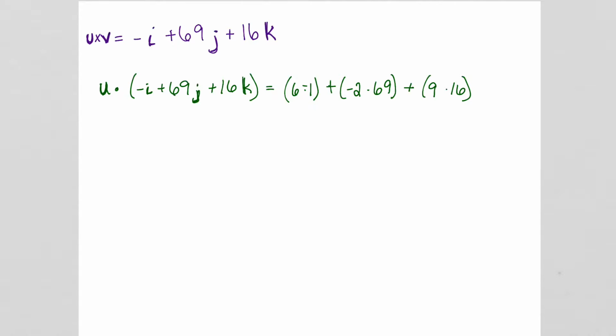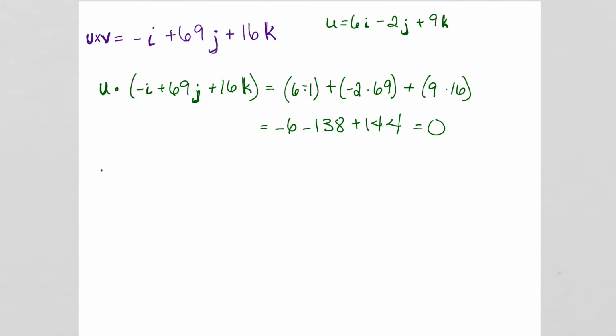And the 6, the negative 2, and the 9 came from u. u was 6i minus 2j plus 9k. So that gives us negative 6 minus 138 plus 144, which is 0.